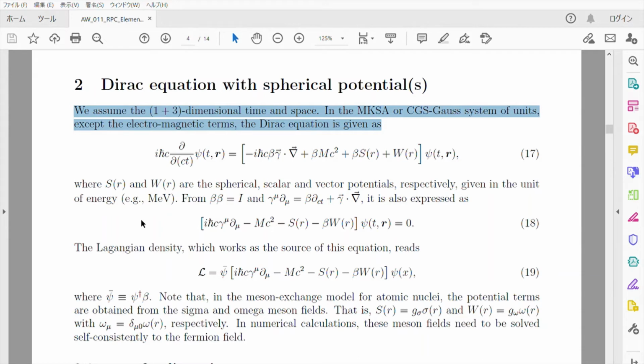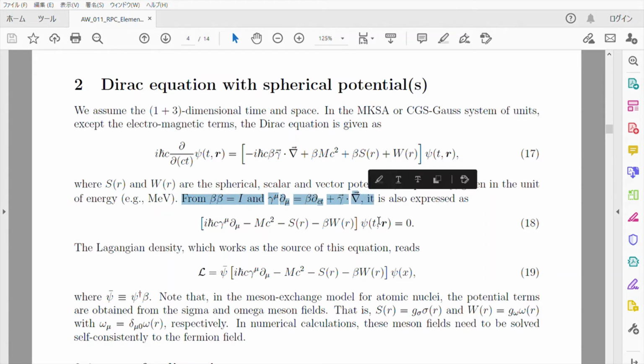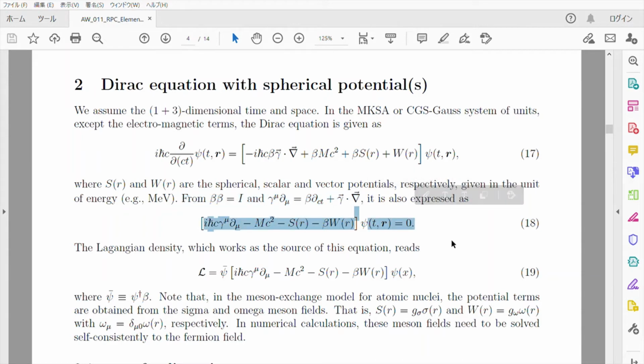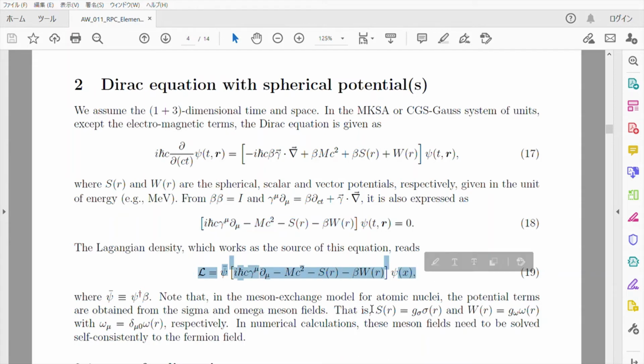Before solving this equation, let me note that from these formulas, the equation can also be expressed in this form. And from this equation, you can infer that the Lagrangian density, which works as the source of this equation, should be given as this. And some of you already know this form really well.